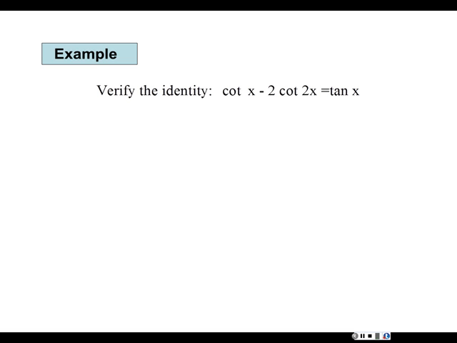Now let's take the common divisor, which is 2 tan x, and this becomes 2 minus 2 times 1 minus tan squared x. In the numerator, 2 tan x minus 2 plus 2 tan squared x.